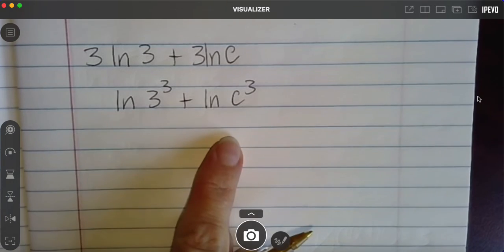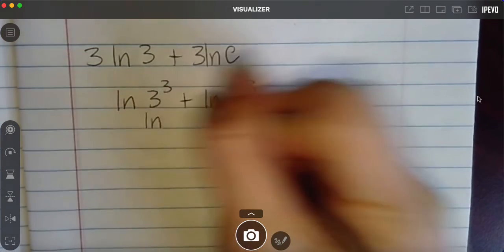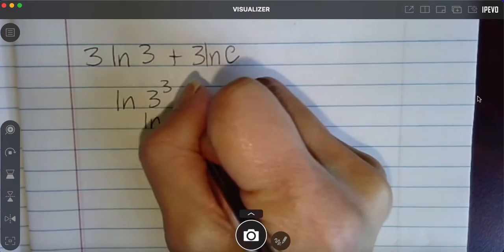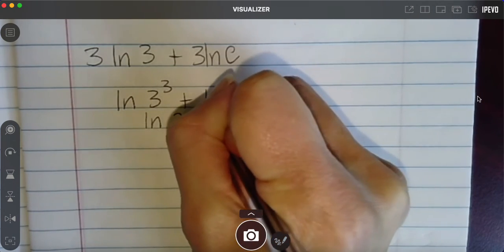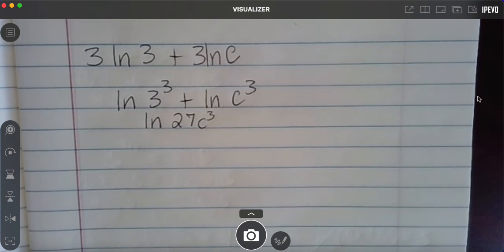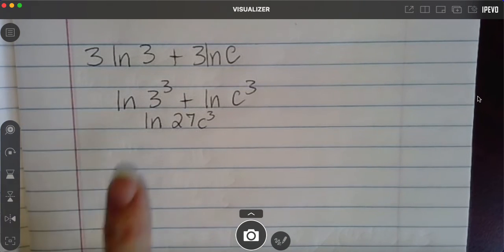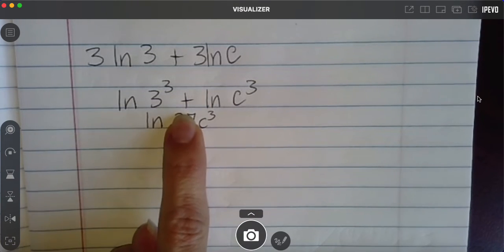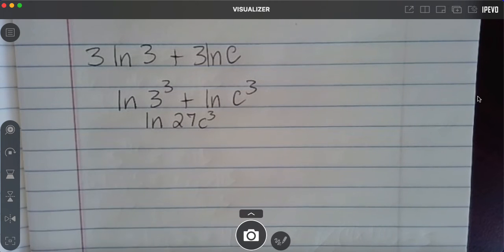Since you're adding, you multiply. What is 3 to the third? 27. So I got the natural log of 27 times c to the third. It's just this number here times c to the third, because our rule for adding is to multiply those. It's just like the ones at the beginning, right?